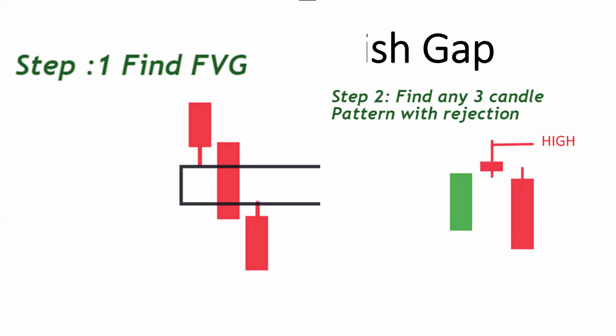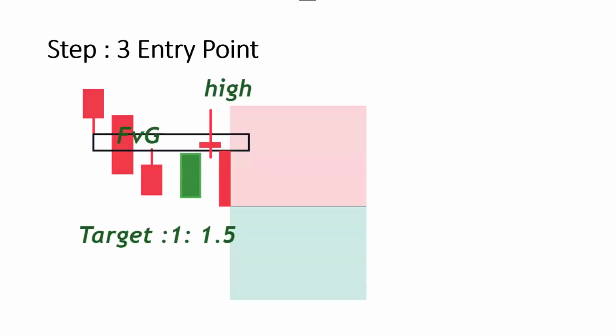Once a 3 candle pattern is formed, you should find the high of the candle. The high is very important, because rejection is required. That is how we get confirmation that the market will go in the direction we predict. This is the second step.